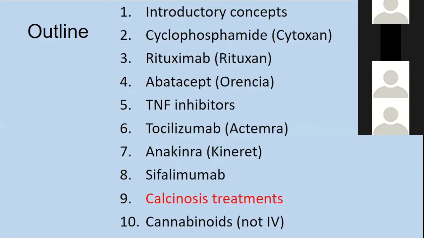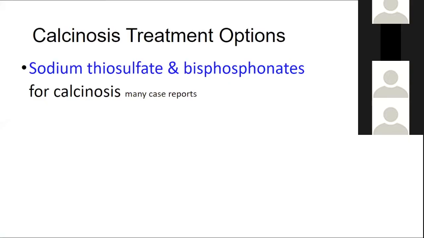Very briefly, I thought I would just touch on calcinosis treatments. There are a couple of IV medications that are thought to possibly be helpful for patients who have calcinosis in their skin. One is called sodium thiosulfate. That's a medication that is given IV, and there is currently a study at the National Institutes of Health looking at sodium thiosulfate.